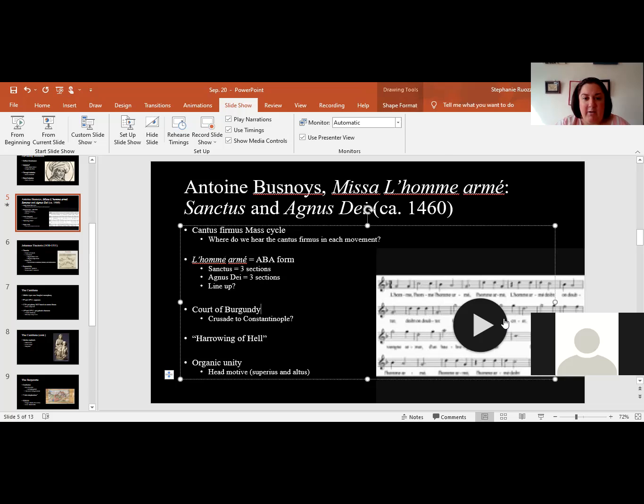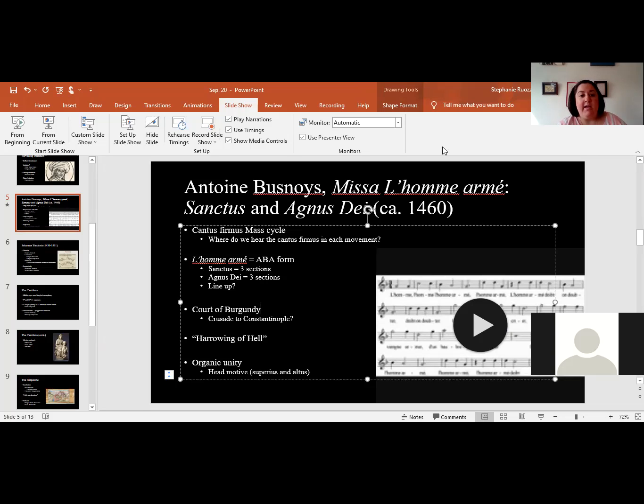Now, here's the thing about the mass movements. Most of those mass movements have 3 sections. Like we said when we were talking about mensural notation, clerics preferred 3s for religious reasons that we won't go into here, but you should know that 3 is an important number. So the 3 sections of Le Marmite may or may not line up with the 3 sections of the mass movements.